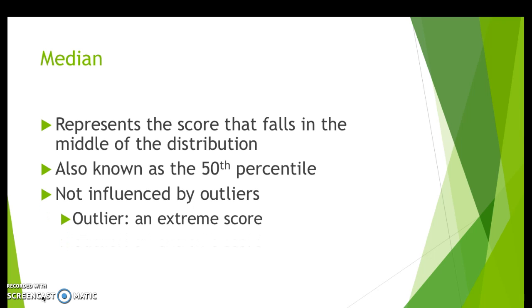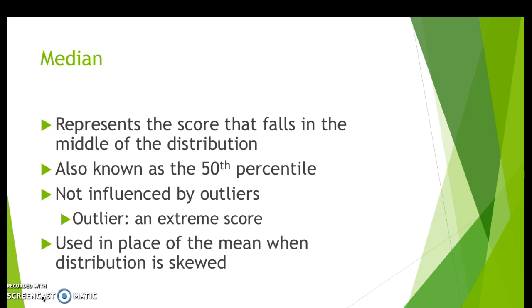And then, like I mentioned before, it's not influenced by any outliers. So that's the good thing about the median. The mean, on the other hand, does get influenced by outliers. So when we have something called a skewed distribution, we want to use the median instead of the mean.